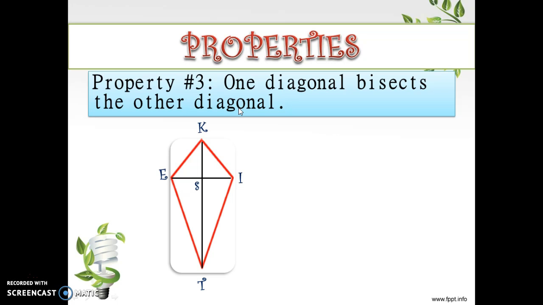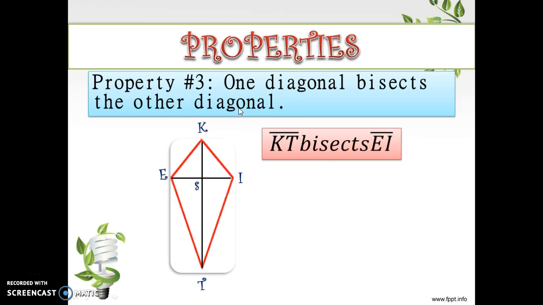Let's say they meet at S. So line segment EI is bisected, and therefore we have two congruent parts, line segment ES and line segment IS, which are congruent.